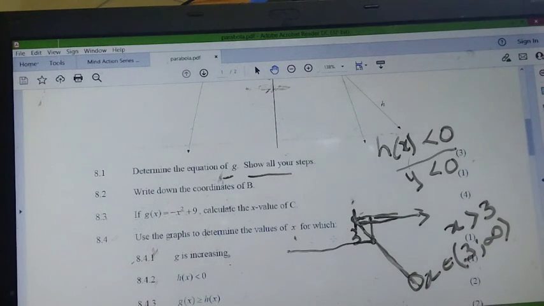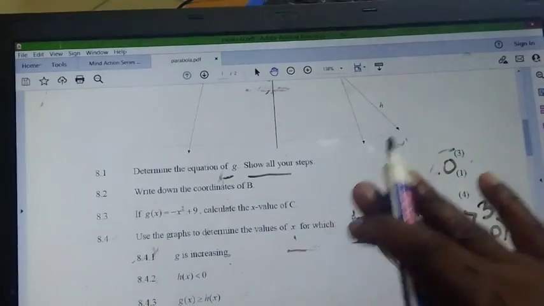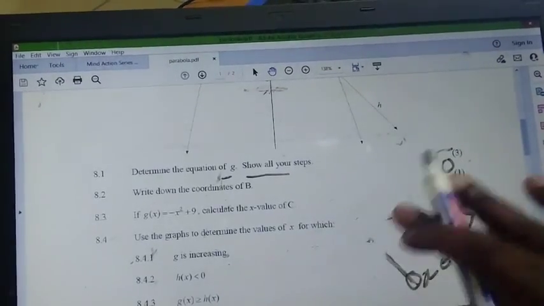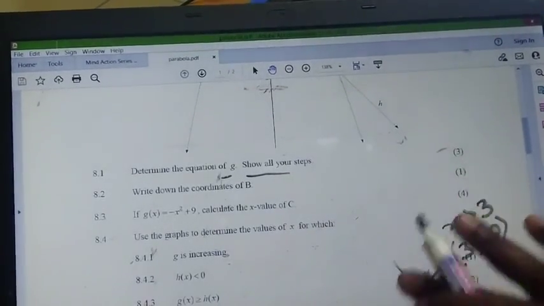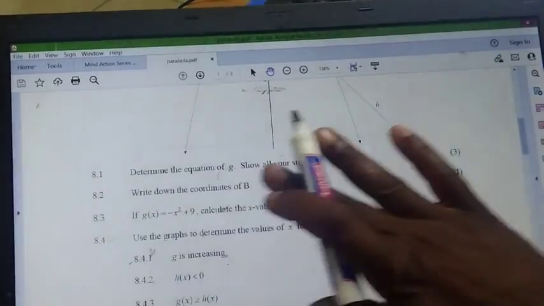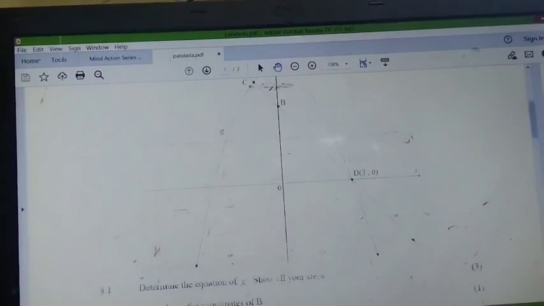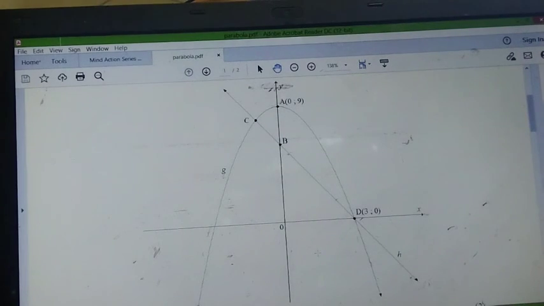Now moving on to the last part of 8.4, we want to define this part where g of x is greater or equal to h of x. Now, when you are looking at these two graphs, one being greater, one being smaller, it's a question of which graph is on top of the other for the same values of x.